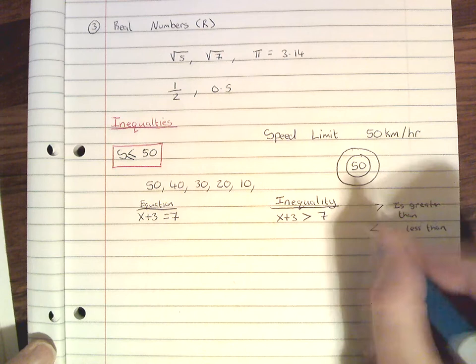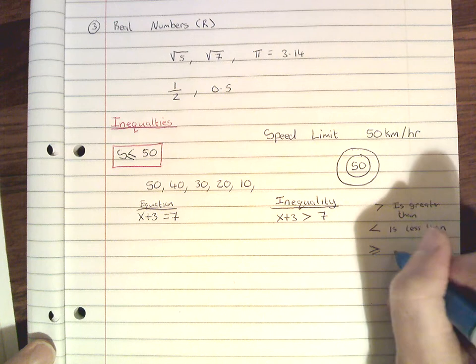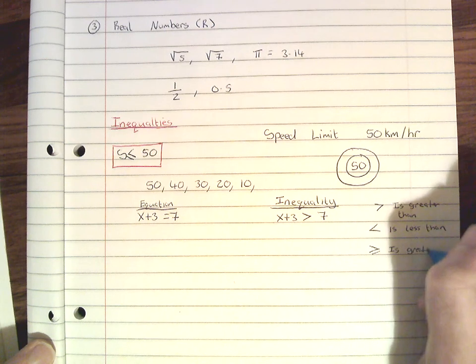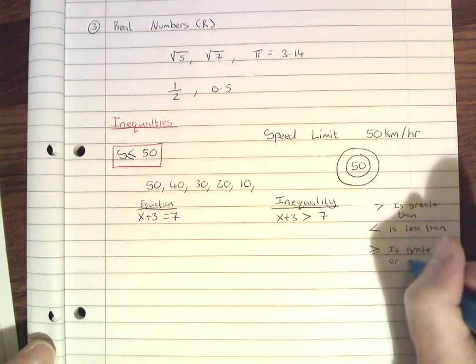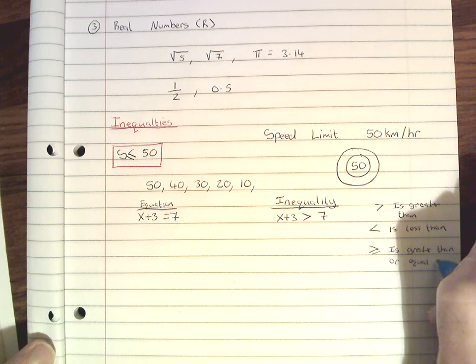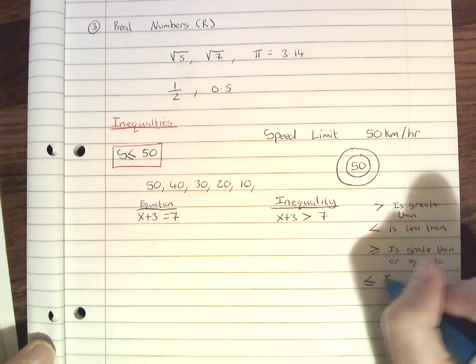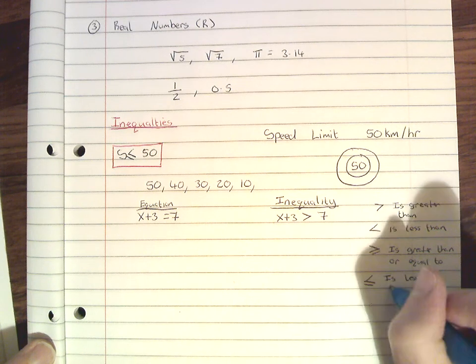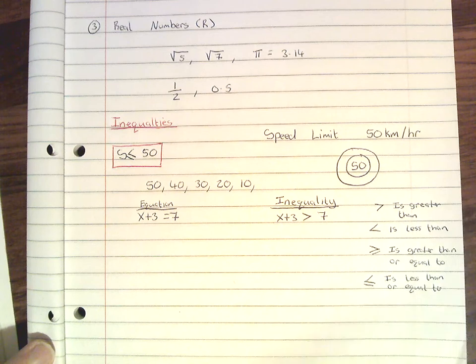You could have something like this, which means is greater than or equal to. And then finally, you can have this one, which again just means is less than or equal to.